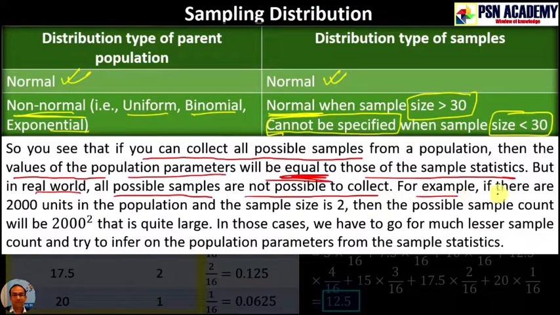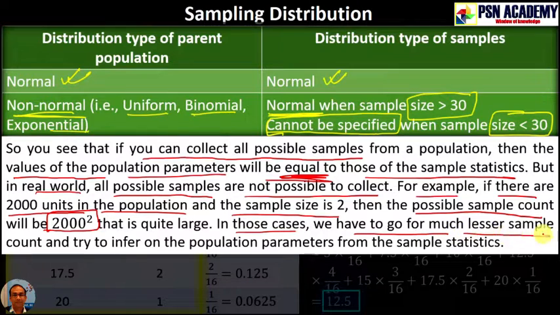For example, if there are 2000 units in the population and the sample size is 2, then the possible sample count will be 2000 squared, and that number is quite large. In those cases, we have to go for a much lesser sample count and try to infer the population parameters from the sample statistics.